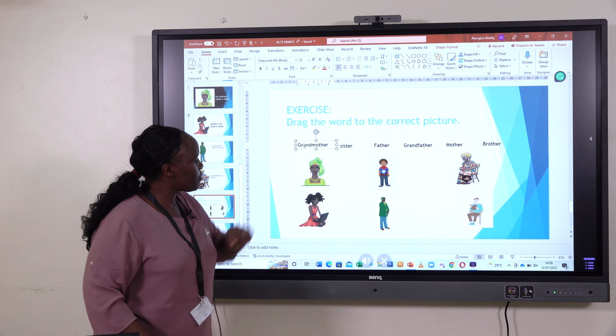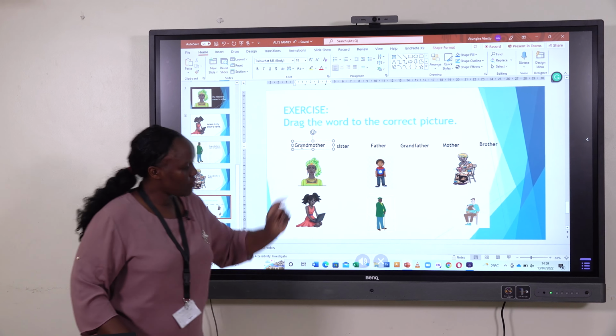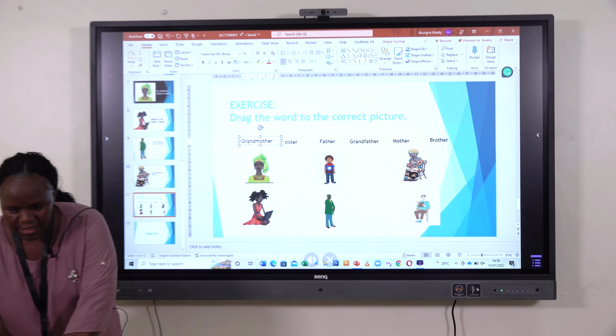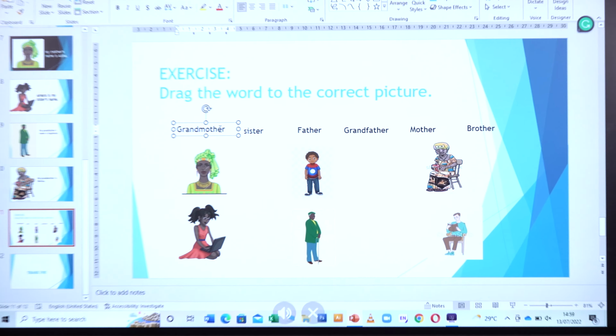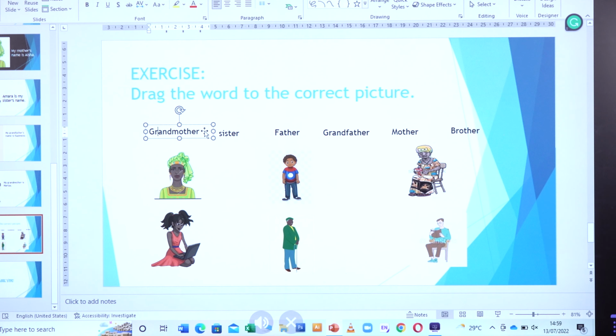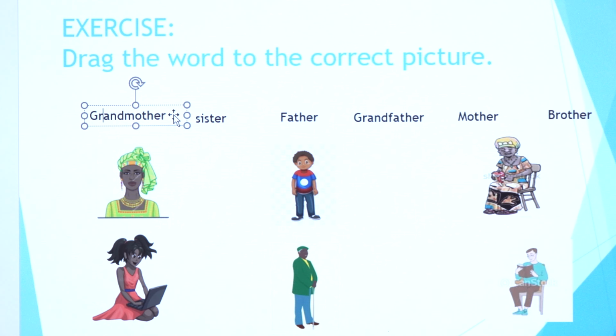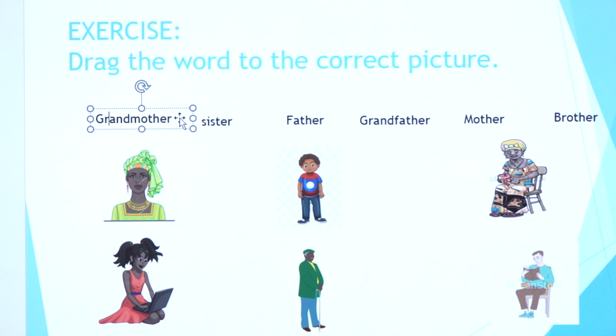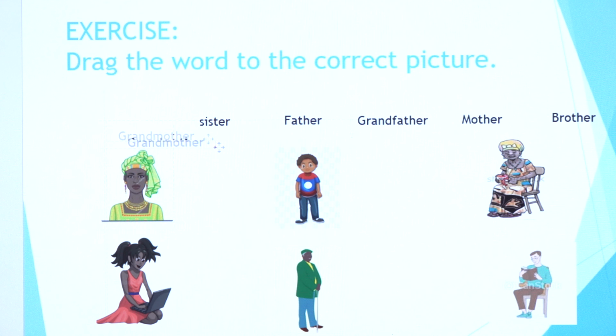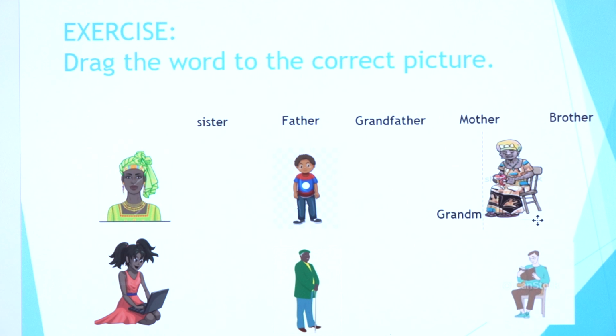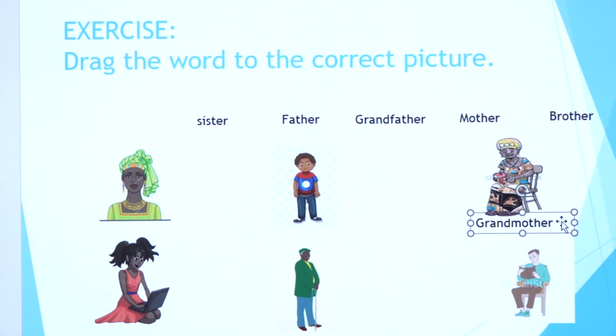For example, grandmother, they can look for grandmother and move the cursor to that picture until it makes a cross of 4 arrows. Then they left click and drag the word to the correct picture, like that.